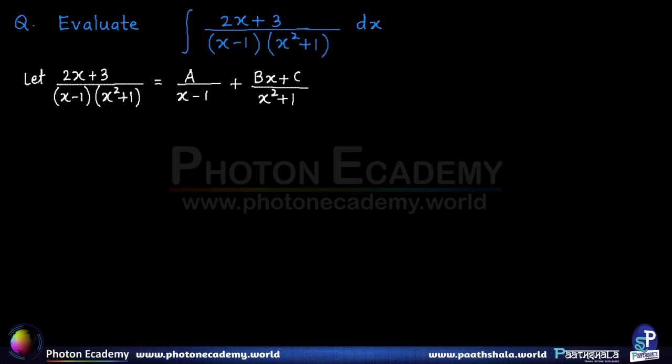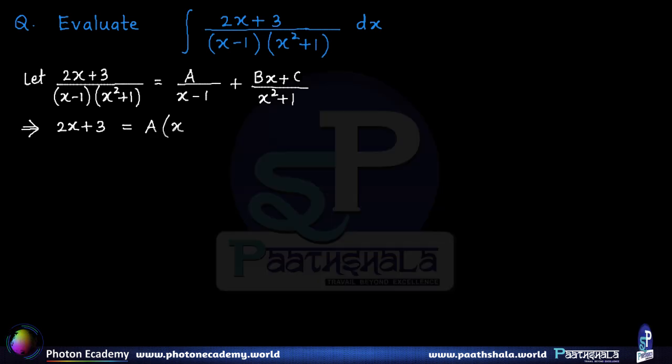So this gives us, on the left hand side the numerator 2x plus 3, and on the right hand side the cross multiplication gives the numerator as A into x square plus 1 plus Bx plus C into x minus 1.